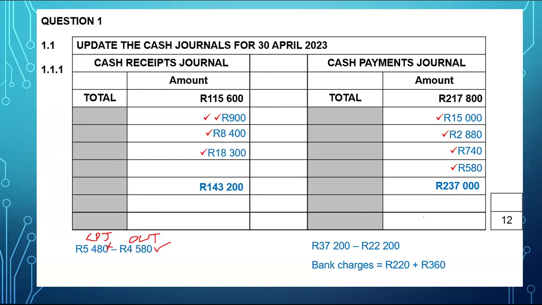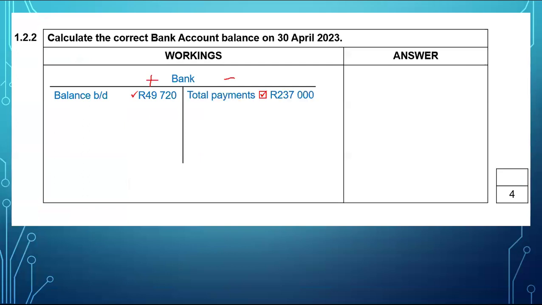The 143,200 from the cash receipts will be recorded on the debit side of the bank as total receipts. The 237,000 from the cash payments journal will be recorded on the credit side of the bank account as total payments. By this, you will notice that the credit side is bigger than the debit side.